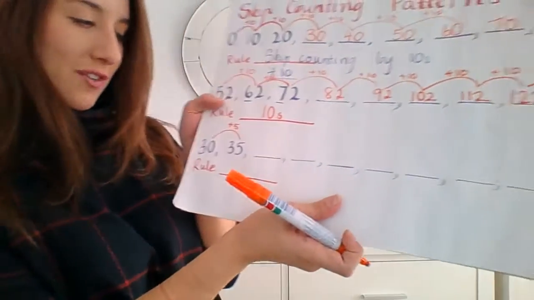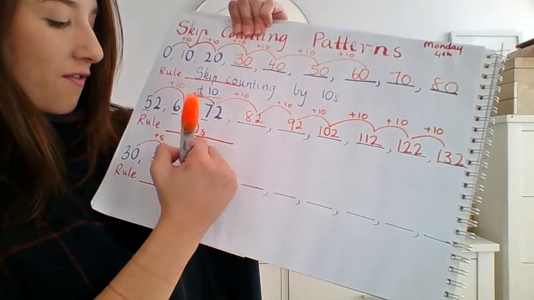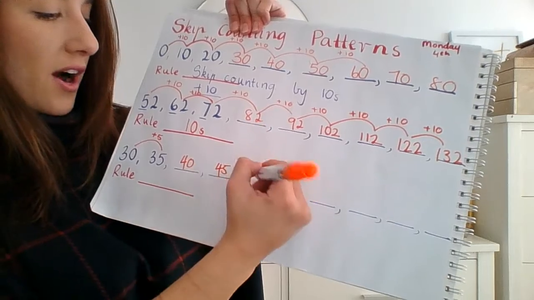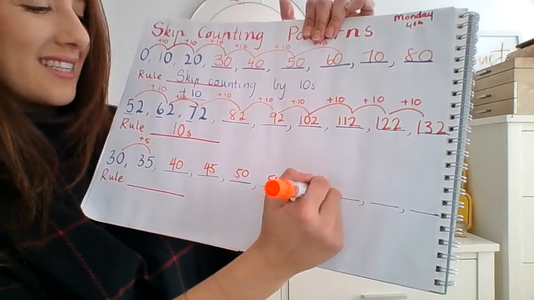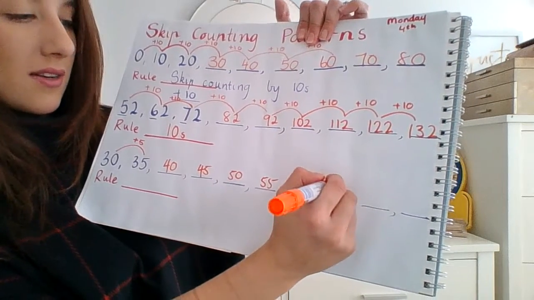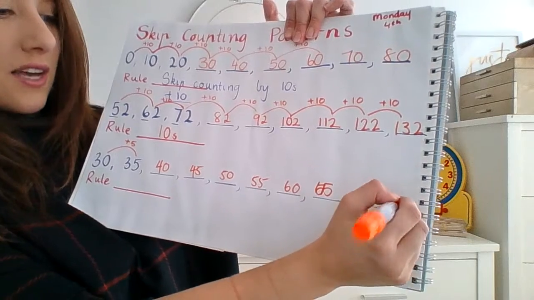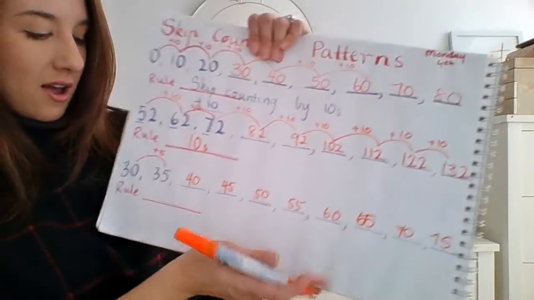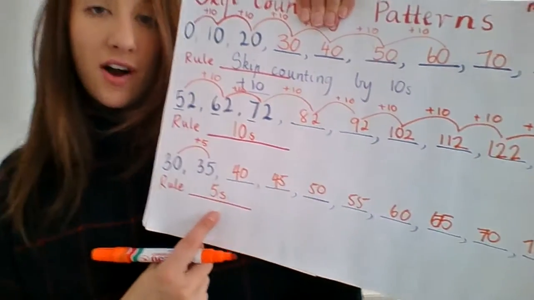Okay, so I want you to finish this pattern with me. 30, 35, 40, 45, 50, 55, 60, 65, 70, 75. Okay, and my rule I would write in here is skip counting by fives.